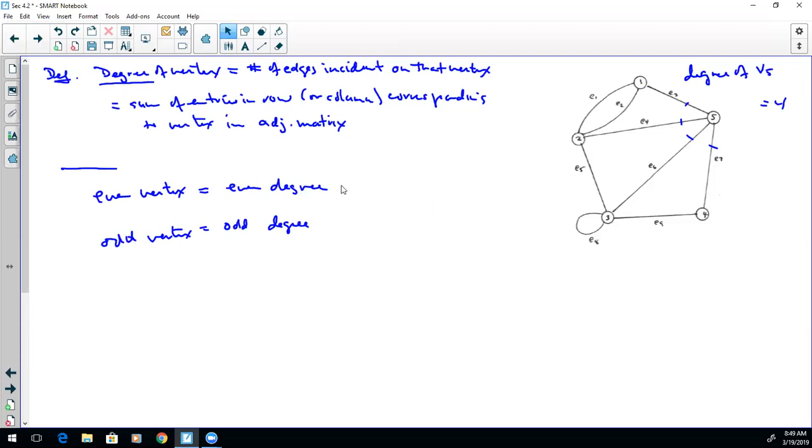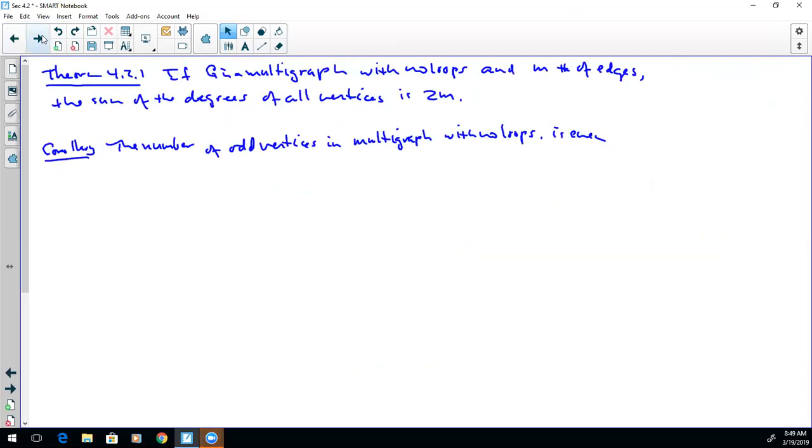Okay. So many times in the problems we're working with, it doesn't matter so much the degree that vertex has. Vertex 5 has degree 4, but that vertex 5 has an even degree. Okay, so let me get back. Sorry, I should have said that a while ago. The number of odd vertices in a multigraph with no loops is even.